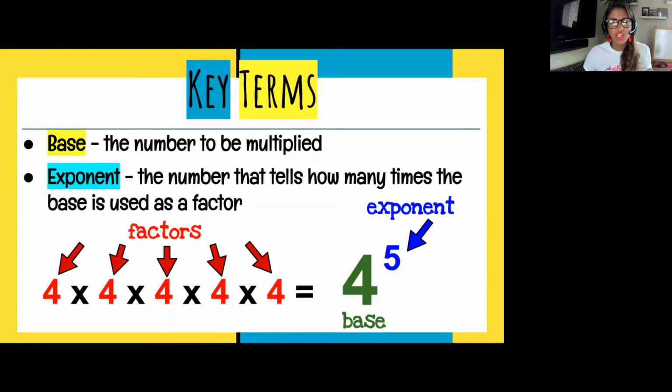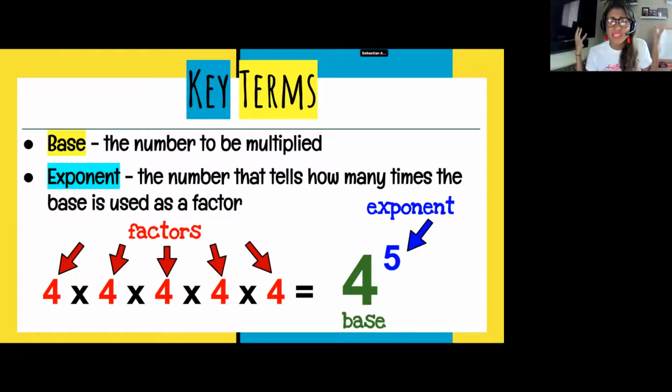Then when we changed it into this exponential form, which was a new shortcut way of writing this, we wrote it as a 4 with the itty bitty exponent of 5. So that 4 is our home base. That is the base number that we are going to use over and over and over and over.